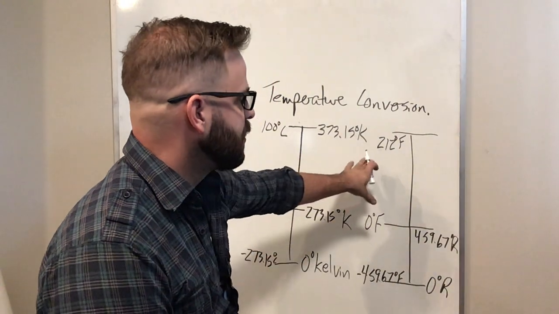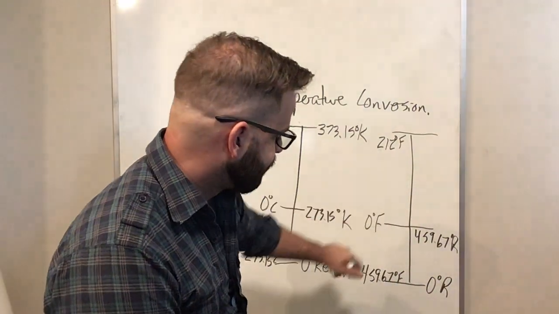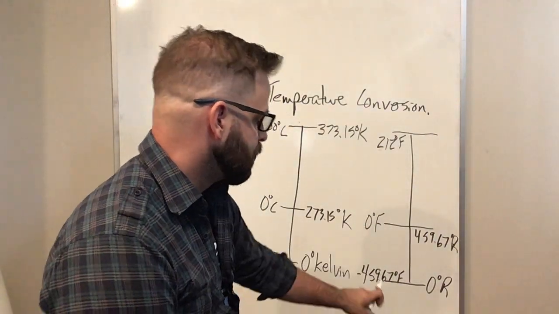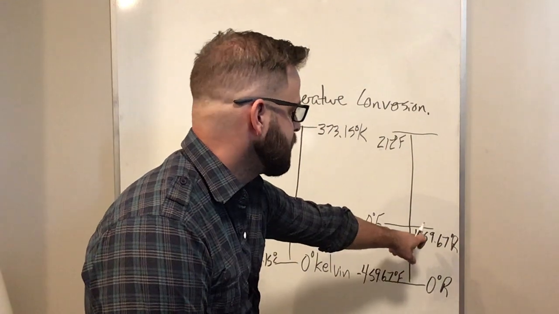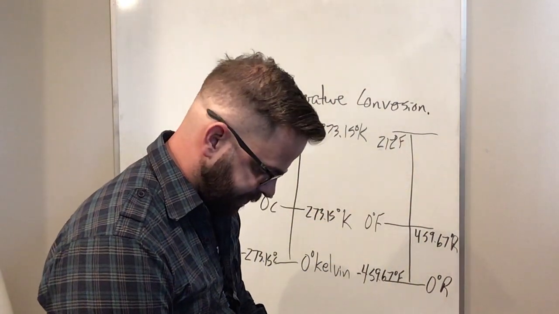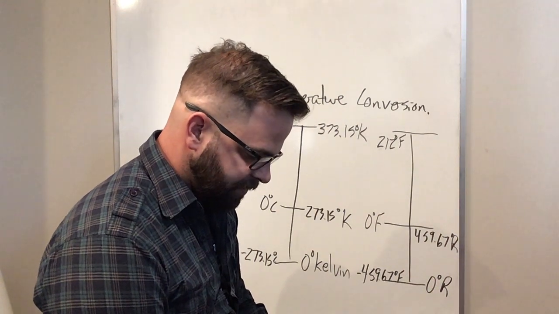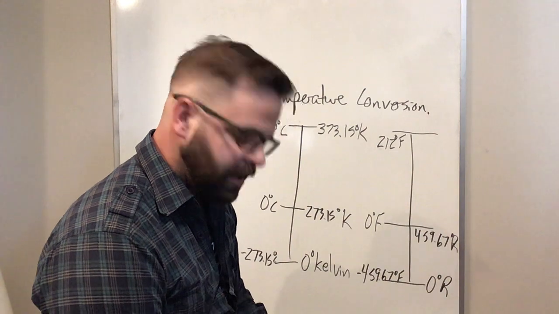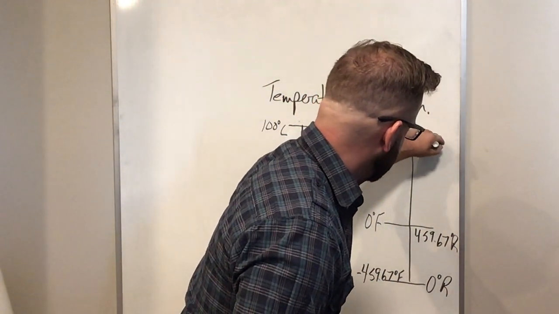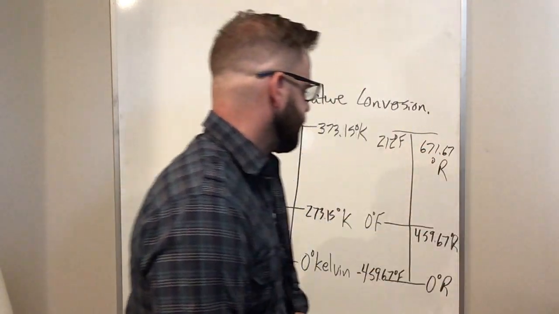So if we were going to figure out what the boiling point of water was in Rankine, we see that we have a value of 459.67. So we would take that value and add it to 212, so plus 459.67. And we get a value of 671.67 degrees Rankine.